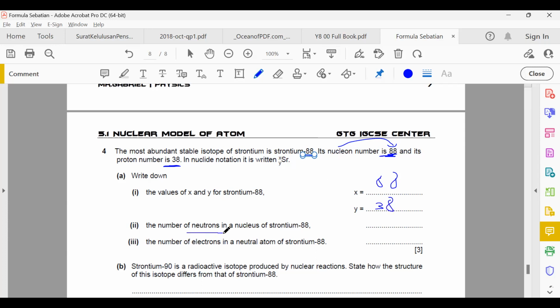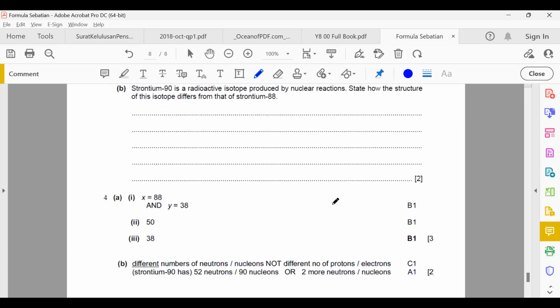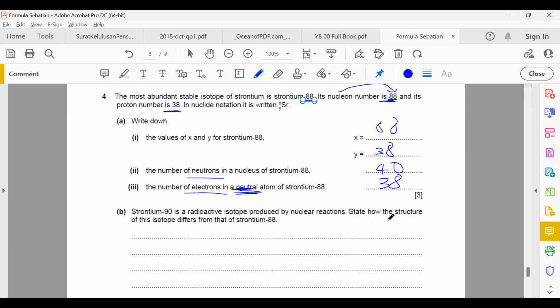The number of neutrons, you have to subtract, so it's 40 here. The number of electrons in a neutral atom should be the same as your proton number, so it's just 38. Very easy, very straightforward, especially for those who take chemistry. Even for those who don't, it's not that hard.